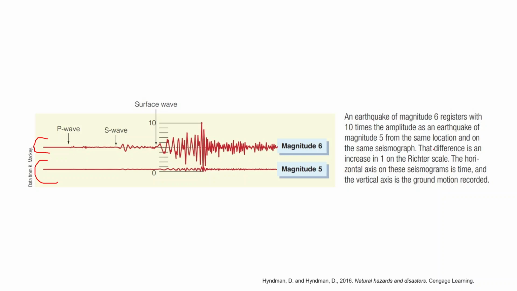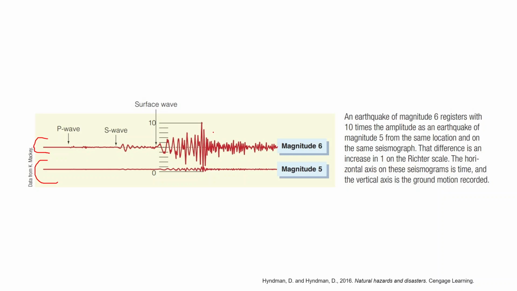So you can see what they have written here. An earthquake of magnitude 6 registers with 10 times the amplitude as an earthquake of magnitude 5 from the same location and on the same seismograph. So the difference on the Richter scale is just 1, but if you compare the amplitude, there is a 10 times difference. I hope you have understood what I'm trying to say regarding the magnitude difference.